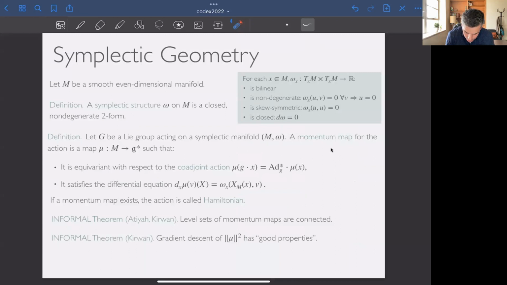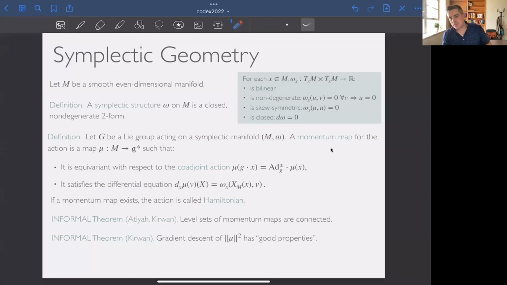And then secondly, this is very informal, but if I take the norm squared, so I put a norm on g star, this vector space, and then consider the map mu and take the norm squared of that. Kirwan studied these types of maps extensively and showed that they have good properties. I'll pin that down a little better later.